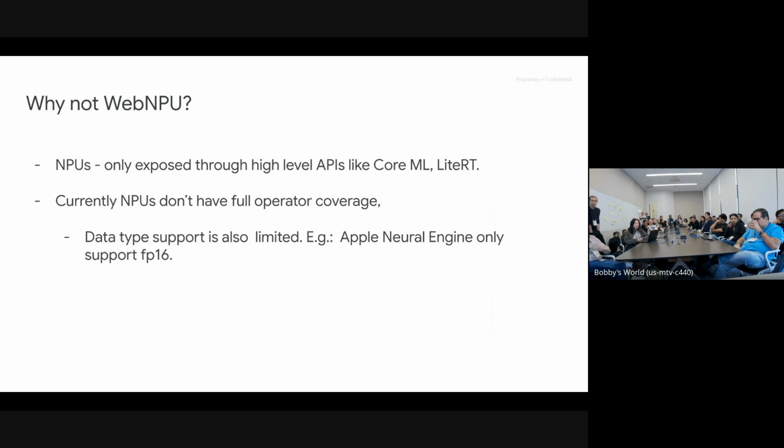OS frameworks like Core ML prioritize being functionally complete, so they distribute the workloads across all available compute units. That's NPU, CPU, and GPU. So WebNN sits on top of these high-level APIs as basically a thin translation layer to target them.